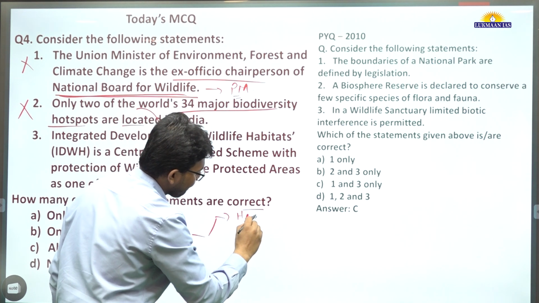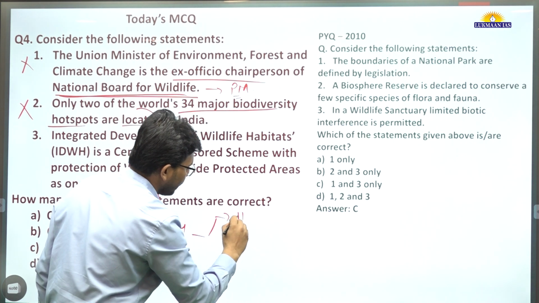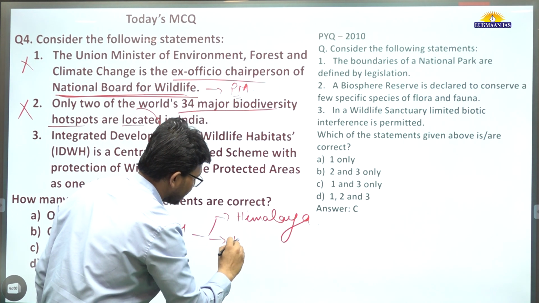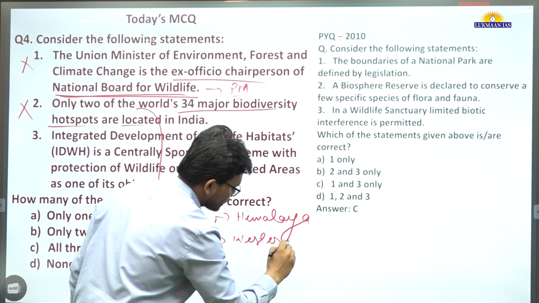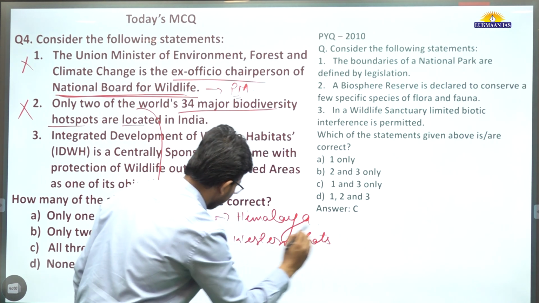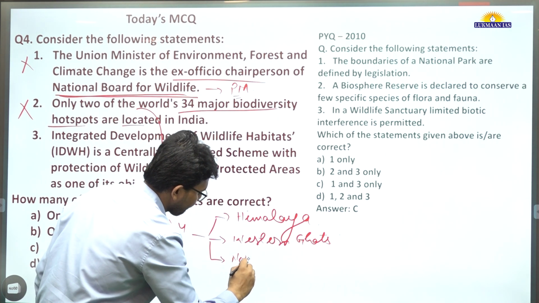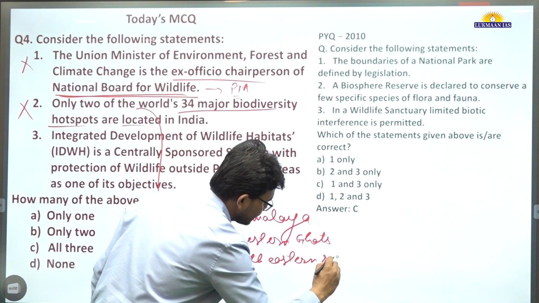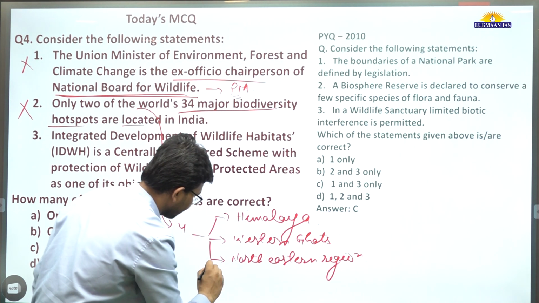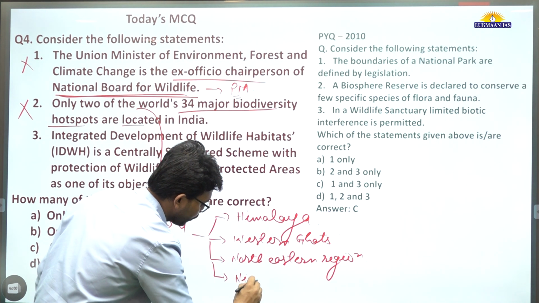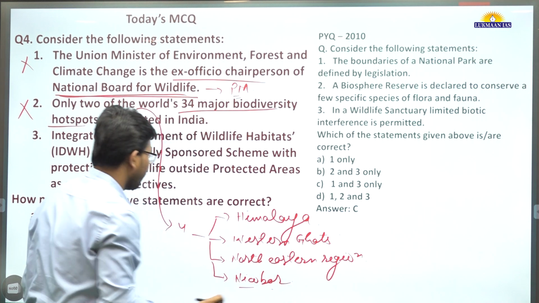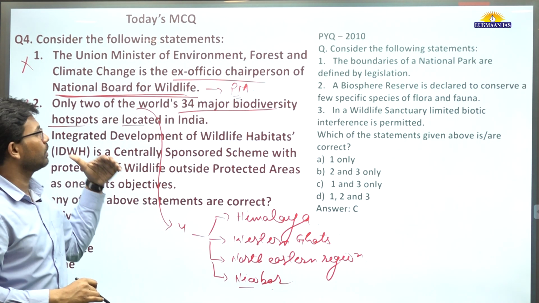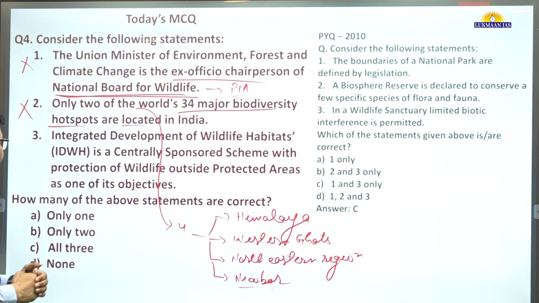One is Himalaya, second is Western Ghats, then we have the Northeastern region, and then the Great Nicobar group of islands. So these 4 are the major biodiversity hotspots in the country.